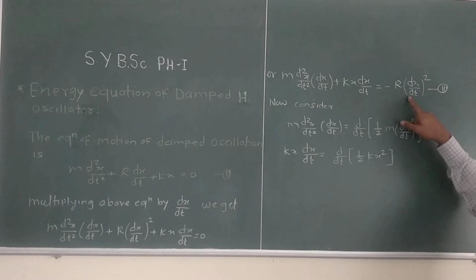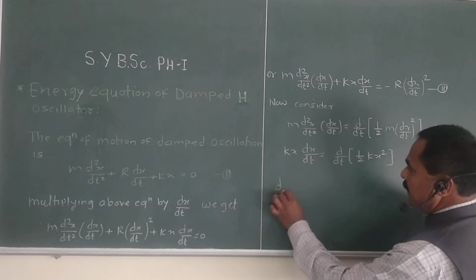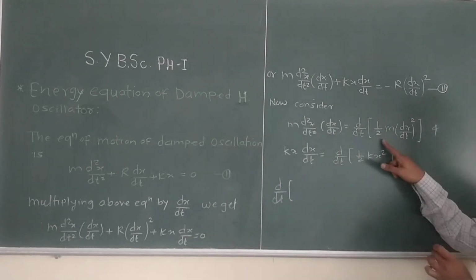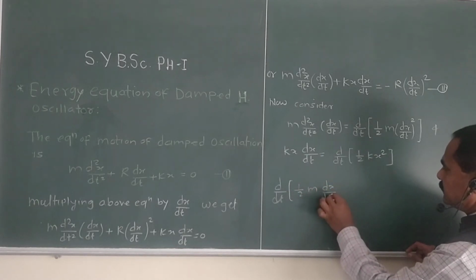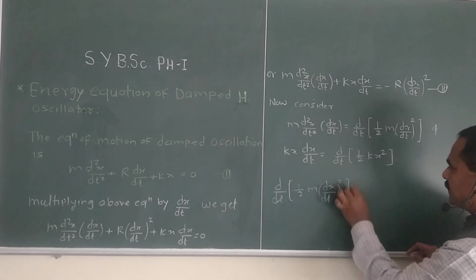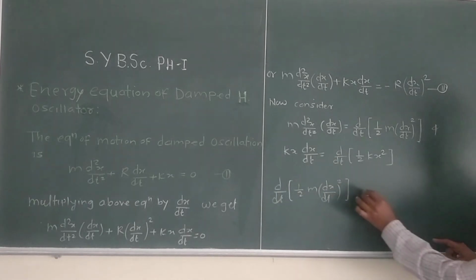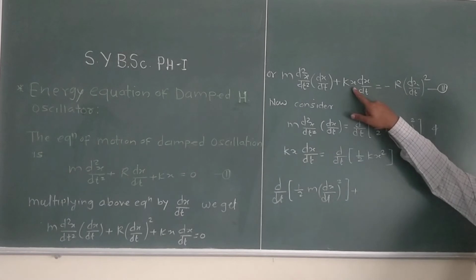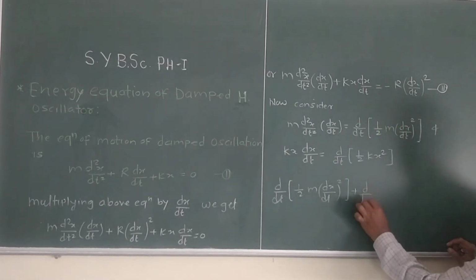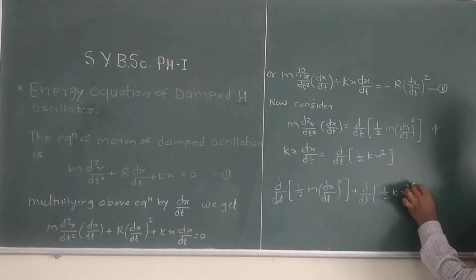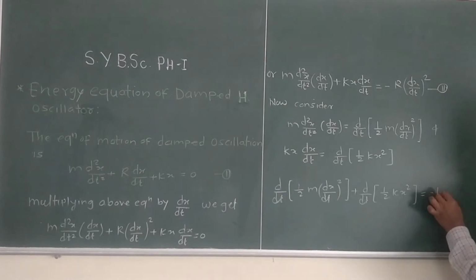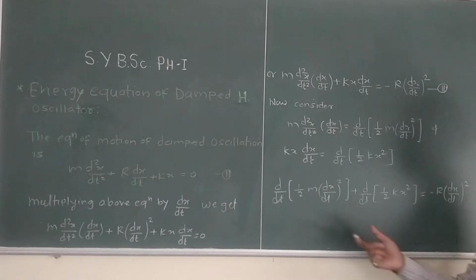So equation second becomes d/dt of half m (dx by dt) whole square plus d/dt of half kx square equal to minus r (dx by dt) whole square.